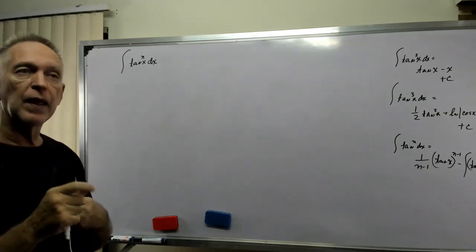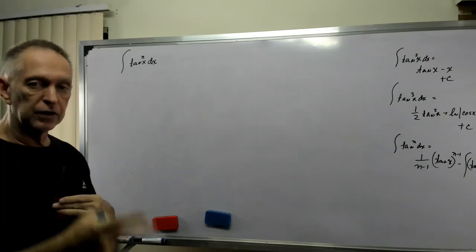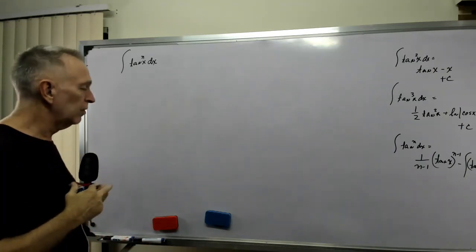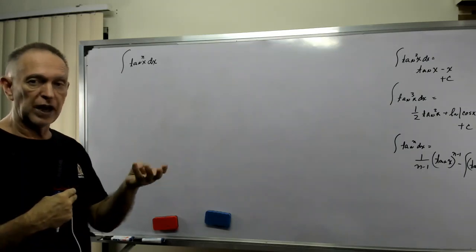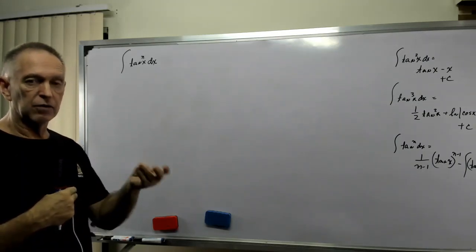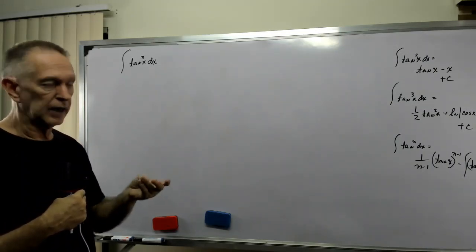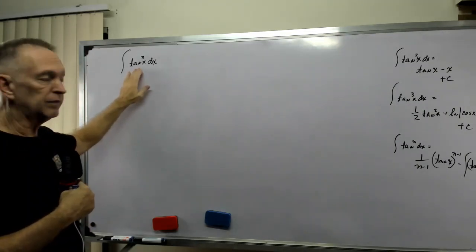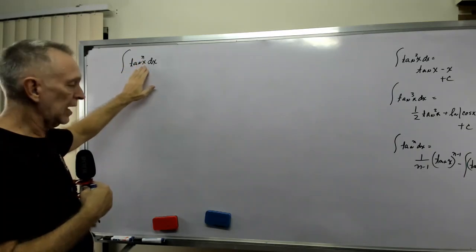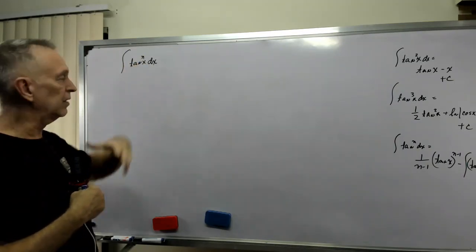So we've done that for sine and cosine, and now tangent: the integral of tangent squared x, the integral of tangent cubed x, and tonight we're looking at the integral of tangent x raised to the nth power.